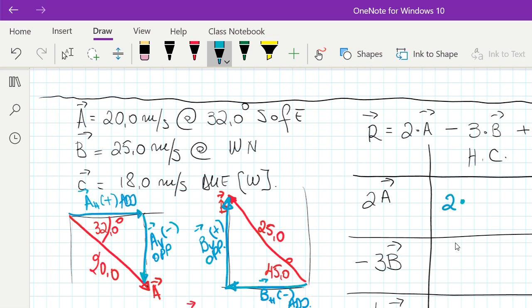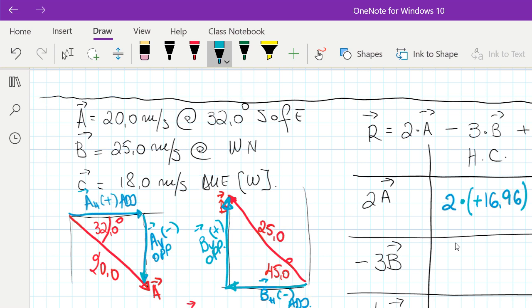Two, that the formula is telling you to, times positive 16.96. And then the vertical component will be dealing with sine. Then we will have two, that the formula is obligating us, negative 10.6.